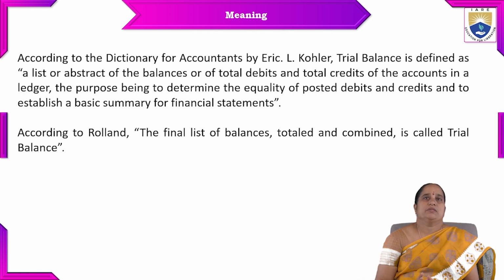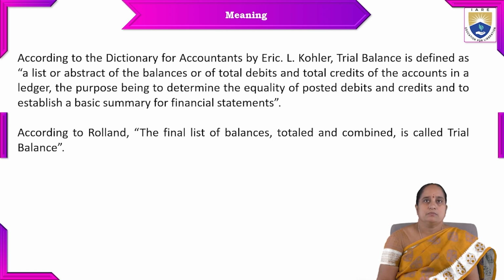According to the Dictionary for Accountants by Eric L. Kohler, a trial balance is defined as a list or abstract of the balances or of total debits and total credits of the accounts in a ledger. The purpose is to determine the equality of posted debits and credits and to establish a basic summary for financial statements.